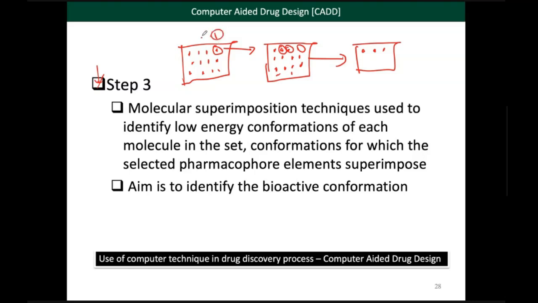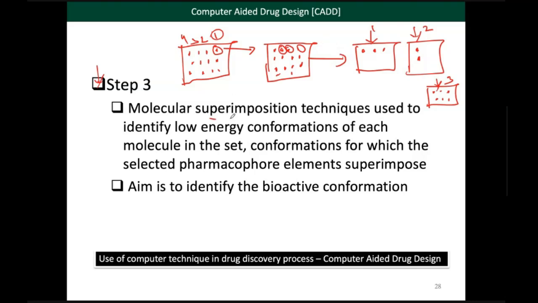Like that we have for all other compounds. This is for the second compound, this is for the third compound. Whatever the number of compounds in the data set, all of those will have low energy conformations. There is no single conformation for one compound. These are many conformations of the first molecule, different low energy conformations of the second, different low energy conformations of the third, and so on.